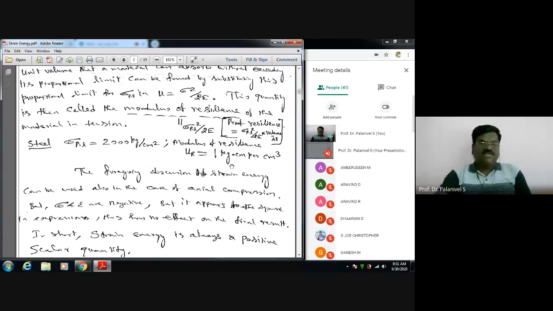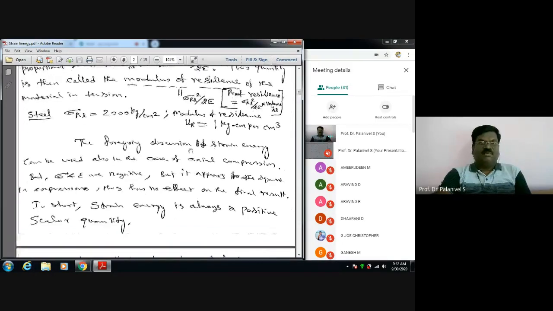That book is in MKS unit, not in SI unit, that is why I have written like this. But you take it in SI unit. Stress at limit of proportionality PL is equal to 200 Newton per mm square. Modulus of resilience you will be getting accordingly. Unit conversion is required to be done here. Okay, no problem, we are not interested in that.